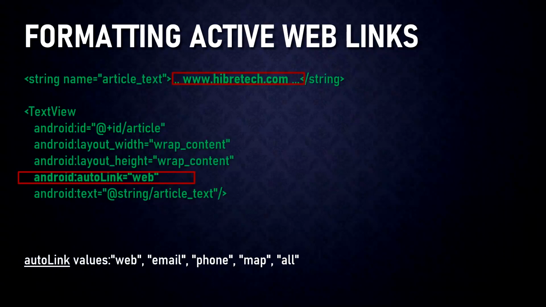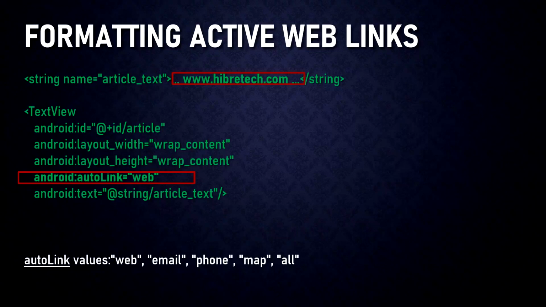There are other values that you can set for your autoLink attribute, like web, which we have seen here. You can also use email, so instead of using just a text view for an email, you can use autoLink email, so that whenever you click on that email address, it will redirect you to the default Gmail app you have on your device.